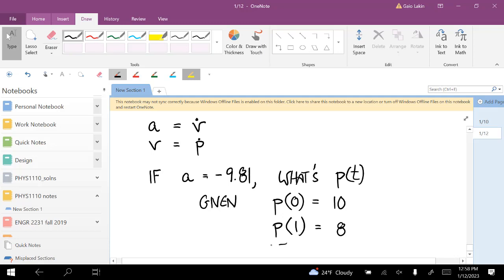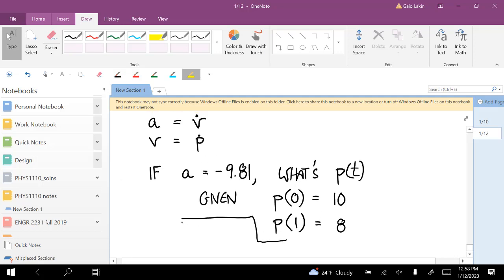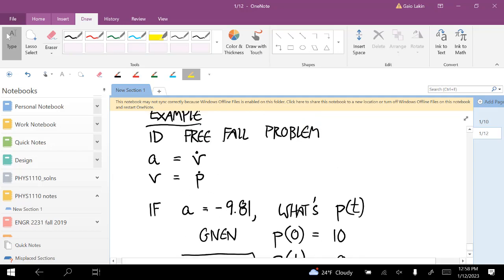Okay, so how are we going to do this? Well, first there's a little bit of interpretation here. Notice that since acceleration is v dot and velocity is p dot, acceleration is p double dot.